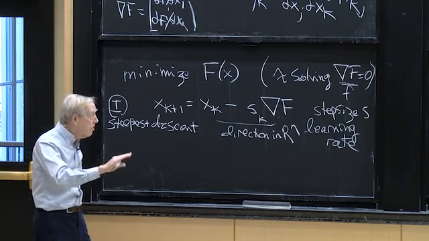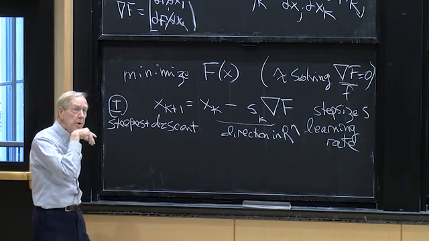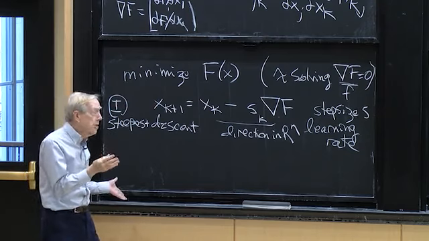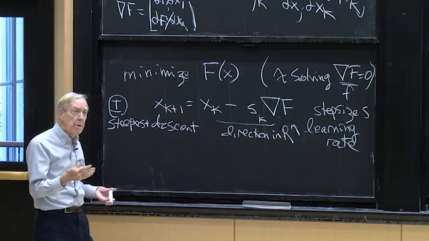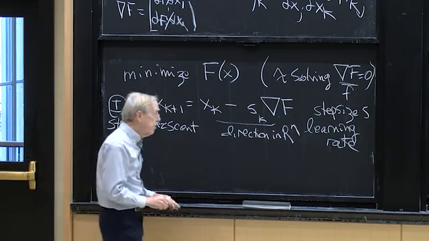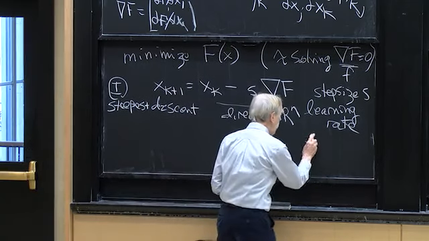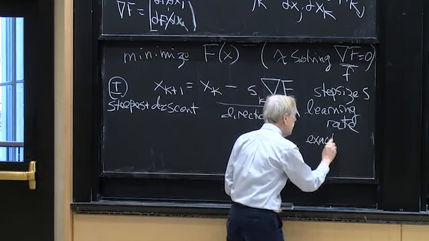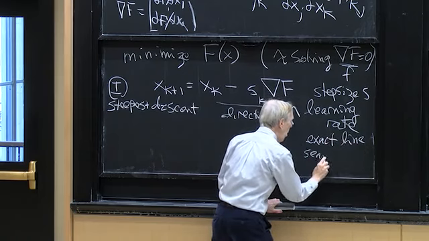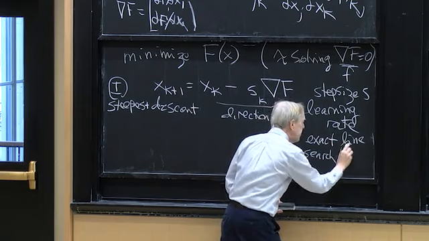But then at a certain point, it'll turn back on you and increase. So that would be the natural stopping point. I would call that an exact line search. So exact line search is the best S.